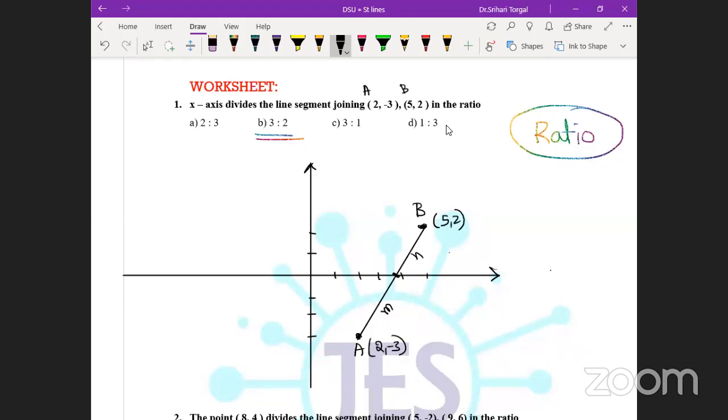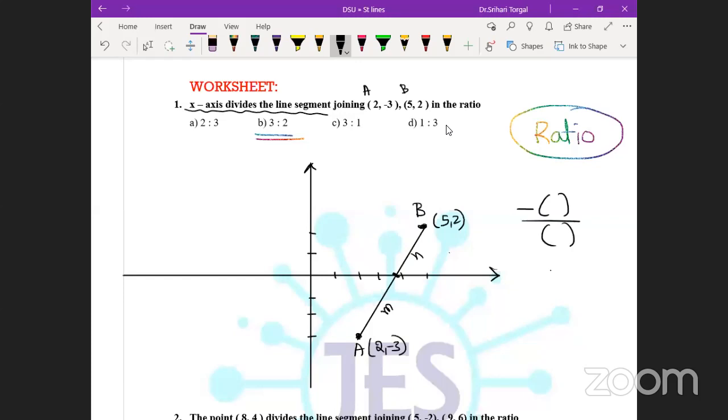M is to n. To get that, I'll tell you one easy shortcut. It is very easy. When they ask you to find the ratio in which the x-axis divides the line segment, you write it like this: minus, bracket by bracket.